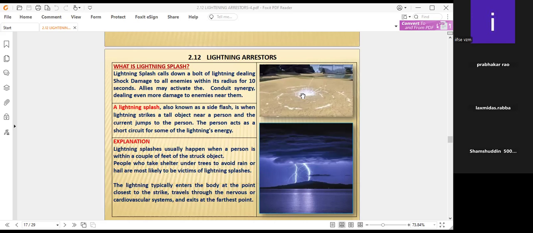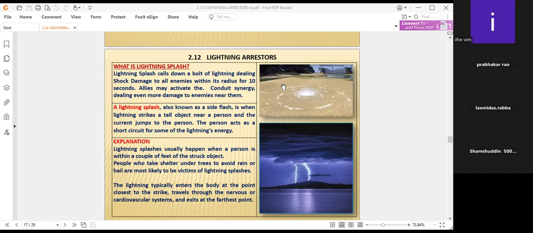Lightning flash, also known as a side flash, is when lightning strikes a tall object near a person and the current jumps to the person; a person acts as a short circuit for some lightning energy.